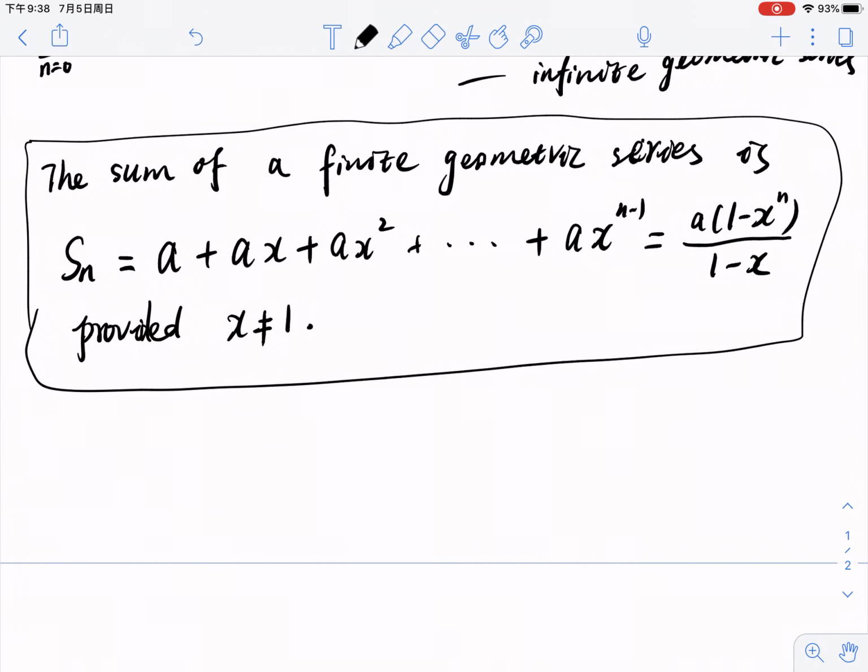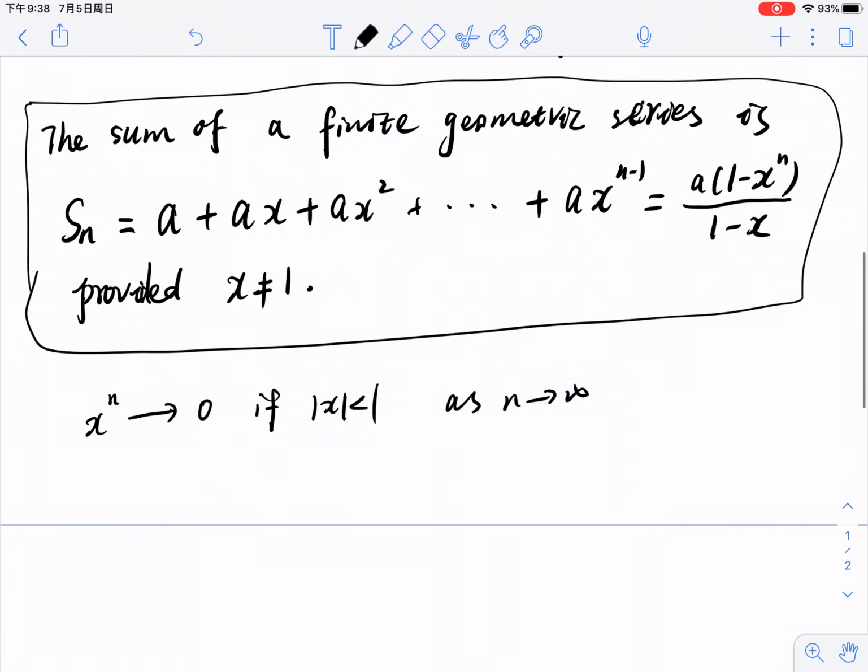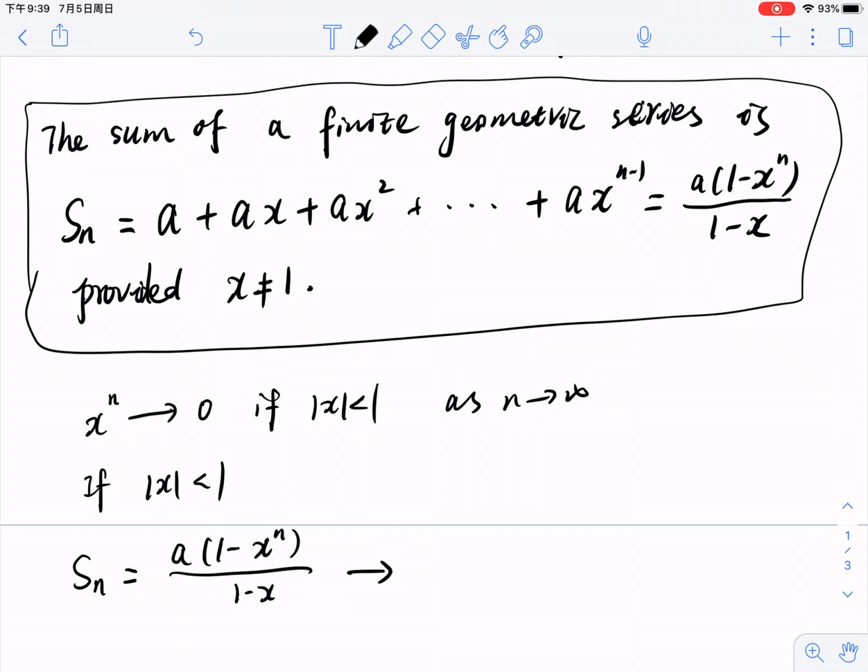Next we'll look at the infinite geometric series. Recall that the sequence x to the power n goes to 0 if the absolute value of x is less than 1, as n goes to infinity. So the sum of the finite geometric series goes to a over 1 minus x, because this term goes to 0 as n goes to infinity.